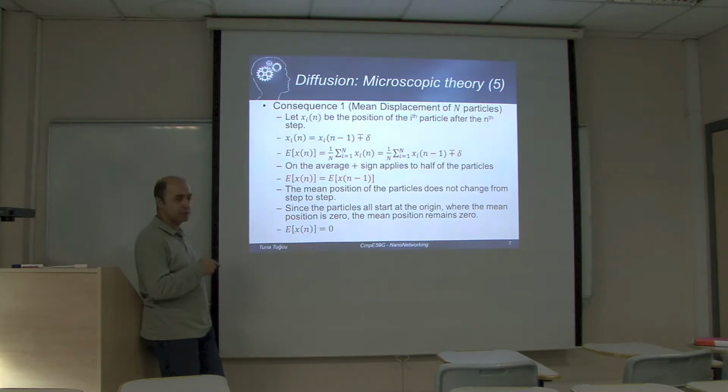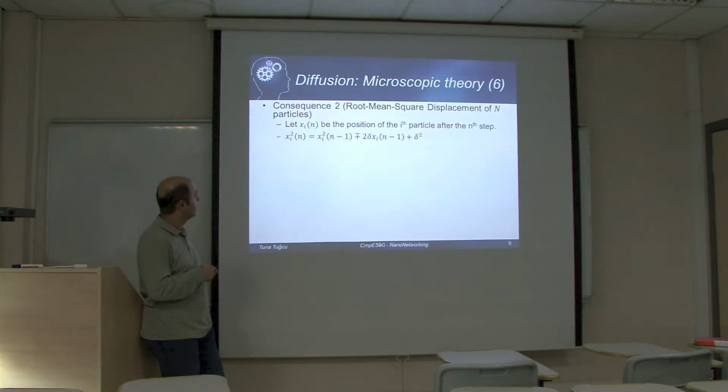It would be x_i of n minus 1 squared, plus or minus, because the delta was itself plus or minus, 2 delta x_i of n minus 1, plus delta squared. Remember, delta is the step size.